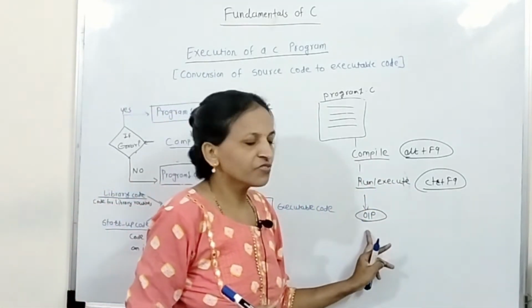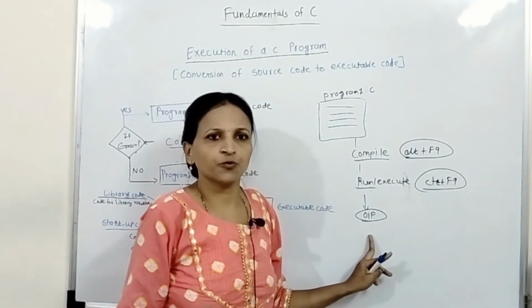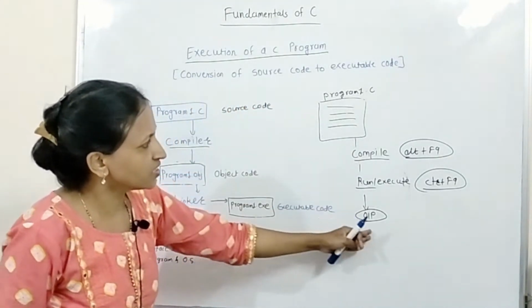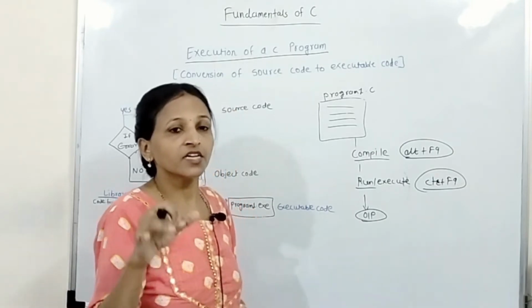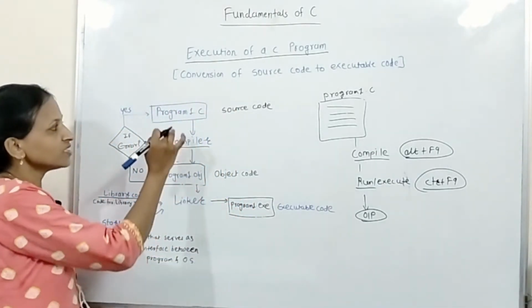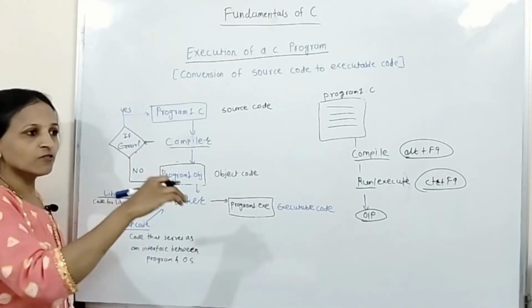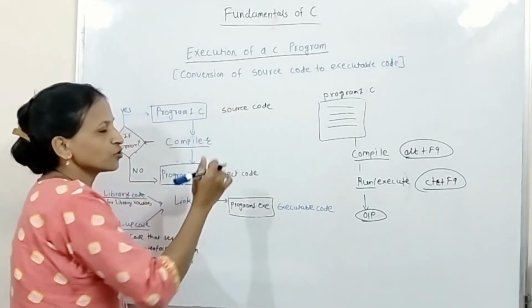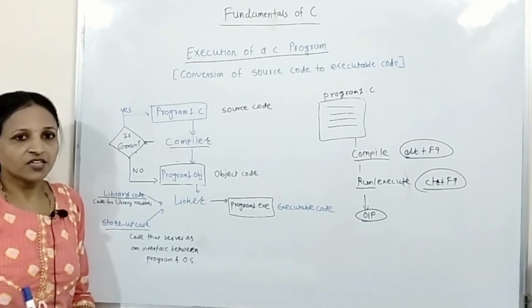After execution, we will get the expected output. But internally, how does it act, what is the internal process for this, that we have to see now. Now for C, we have written a program, and we have saved that program as program1.c, which is called the source code. After that, what will the compiler do?